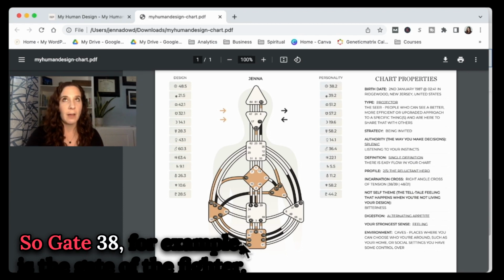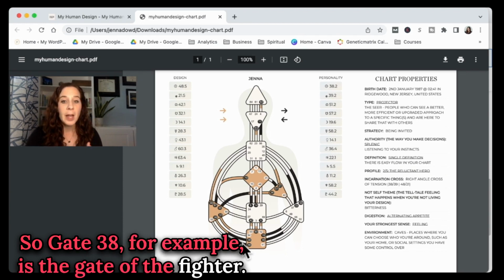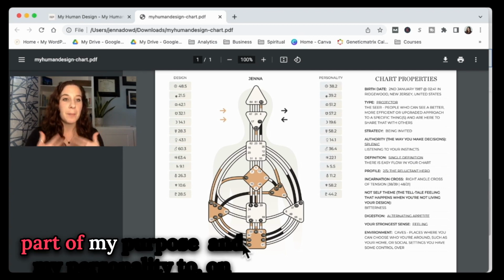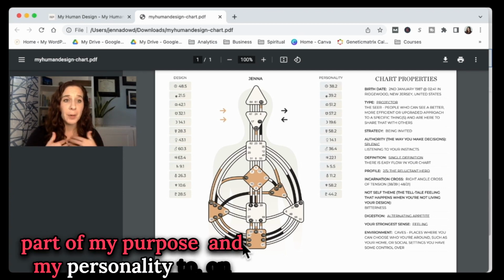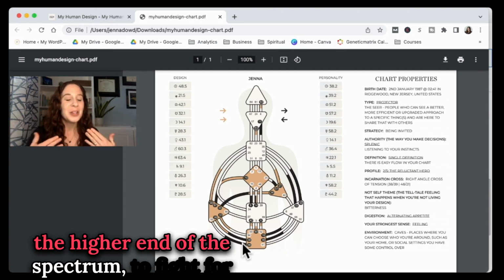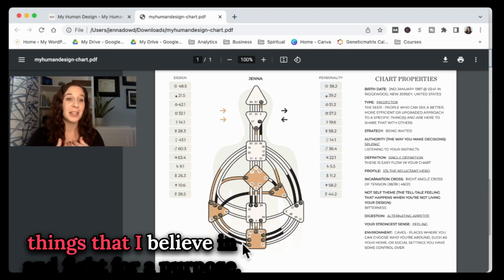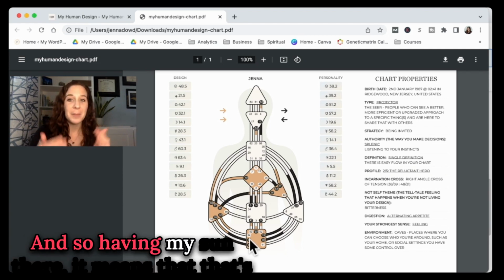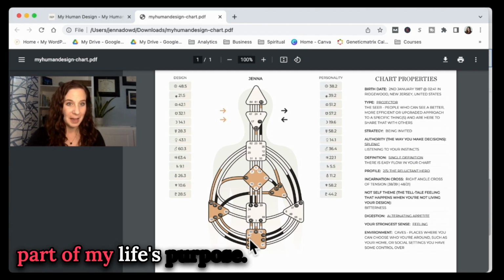So gate 38, for example, is the gate of the fighter. And this means that my sun being here is part of my purpose and my personality to, on the higher end of the spectrum, fight for things that I believe in and fight for a purpose. And so having my sun there means that that's part of my life's purpose.